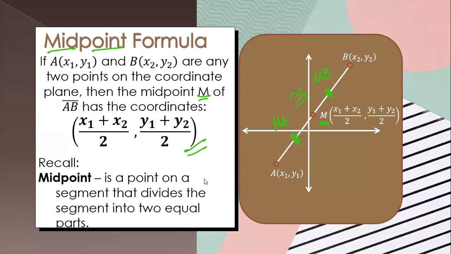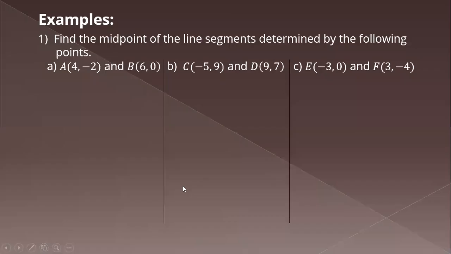Okay, so let us have an example. Find the midpoint of the line segments determined by the following points. For example A, we have here segment AB. If we're going to get the midpoint between points A and B, we just have to add and divide by 2 the coordinates. So let's have x sub 1 plus x sub 2 divided by 2, and then y sub 1 plus y sub 2 divided by 2.